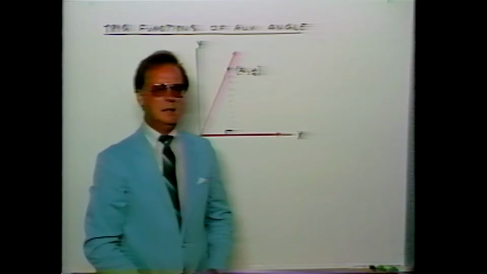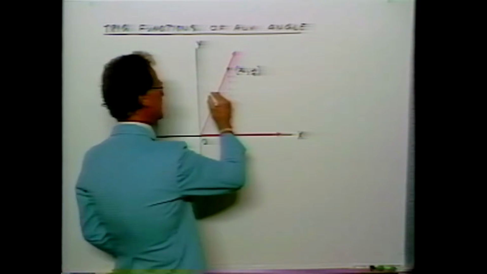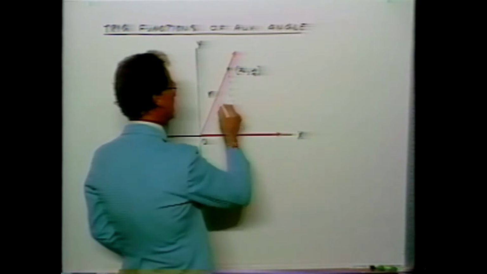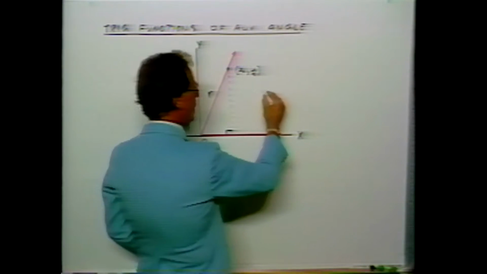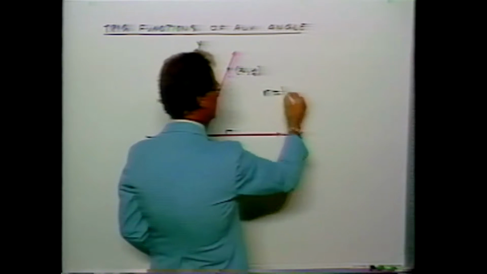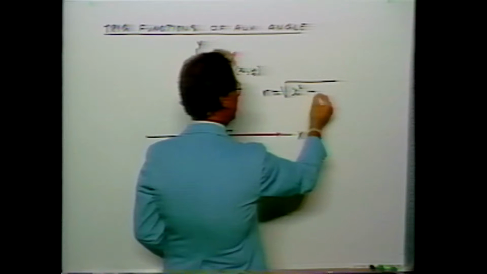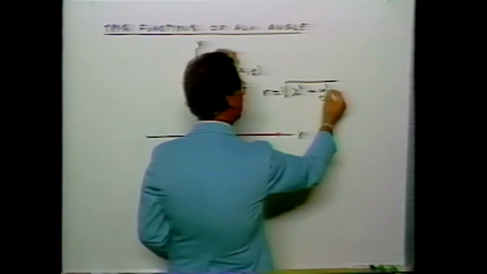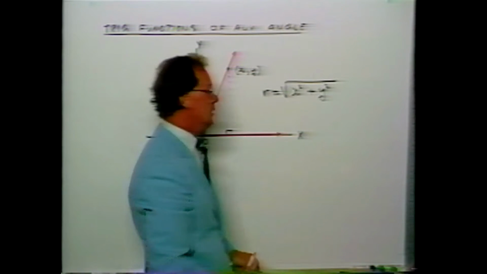It follows then that the length r is equal to the square root of x squared plus y squared. This length will always be a positive number.